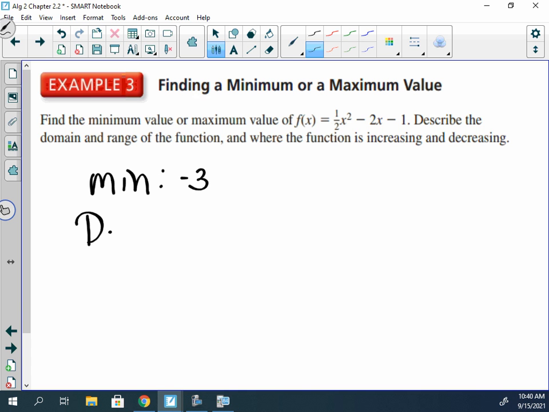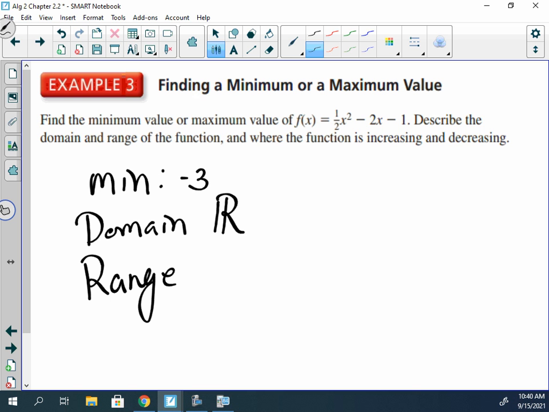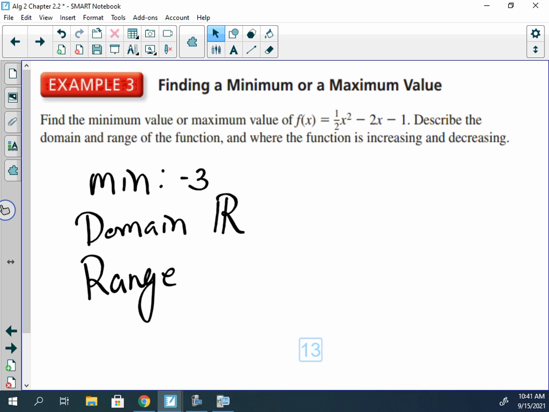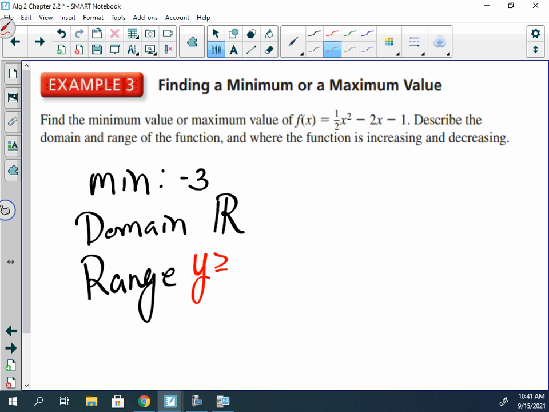Well, domain is all real numbers. It's a quadratic. Range. Well, y is greater than or equal to, because the value of a is positive, it's going up. It's everything greater than or equal to what? -3.